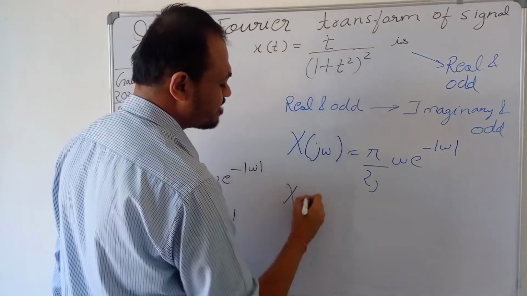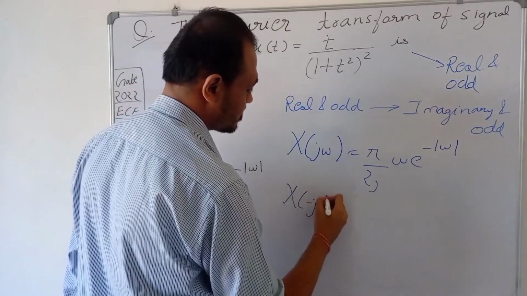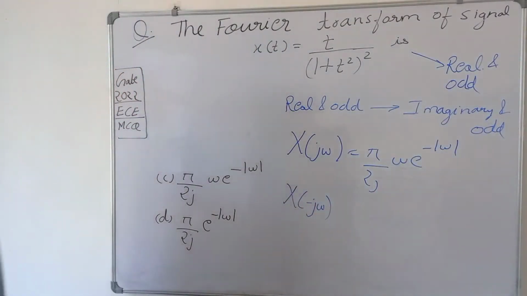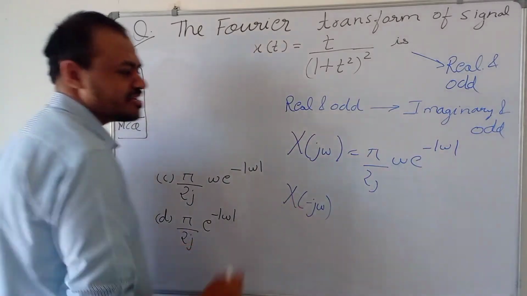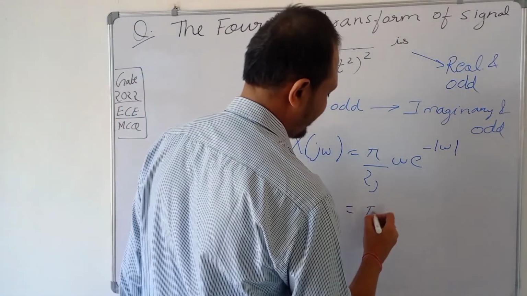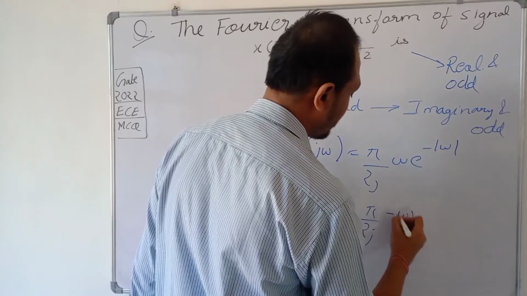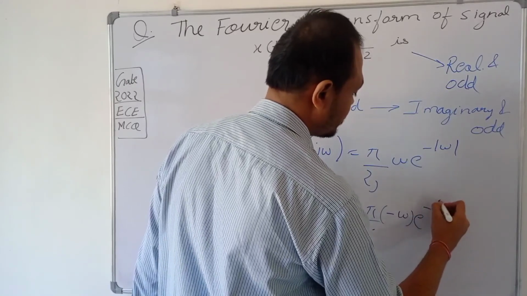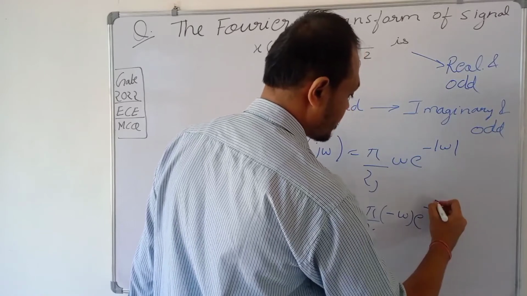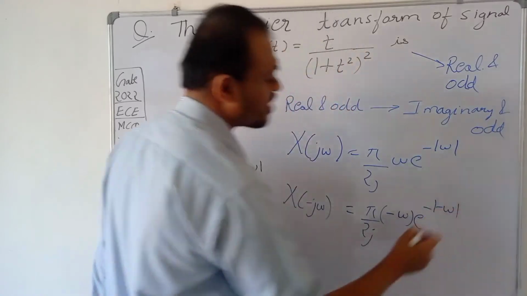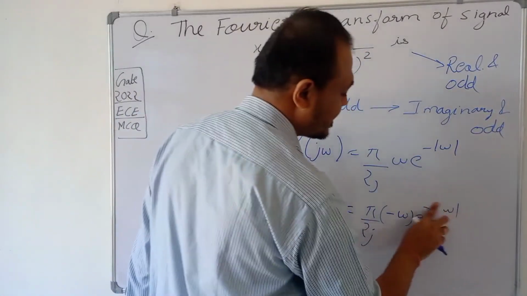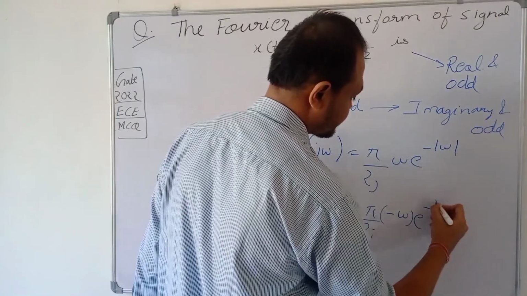If we replace ω with -ω, then we get π/2j (-ω) e^(-|-ω|). So the mod of -ω will obviously be mod of ω.